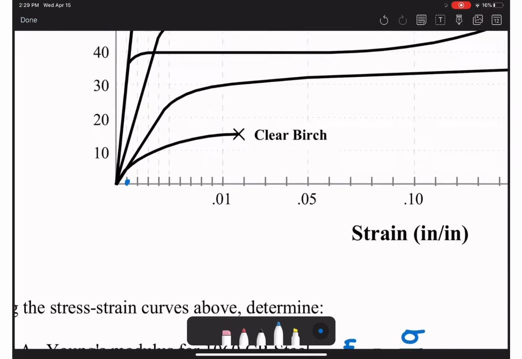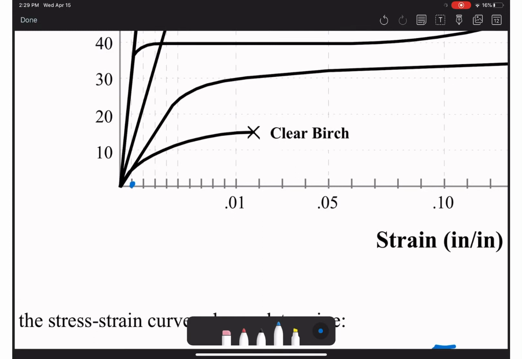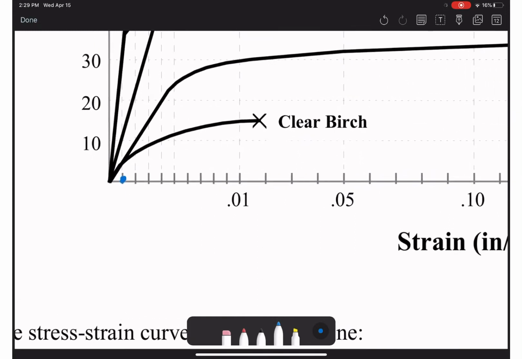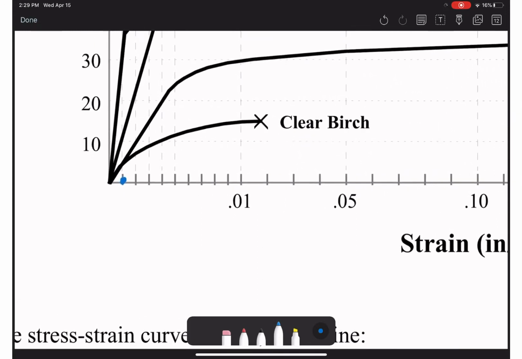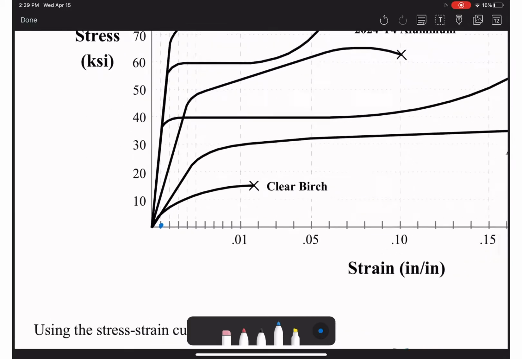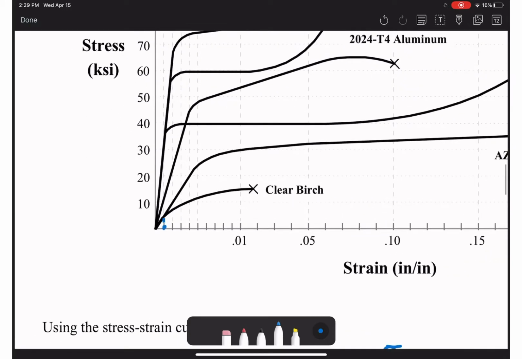Why 0.1%? As you can see from the strain in inch per inch, 0.01 means 1% with that scale. The blue point there is 0.1%, and we go up to find the corresponding sigma, so it's about 30 ksi.